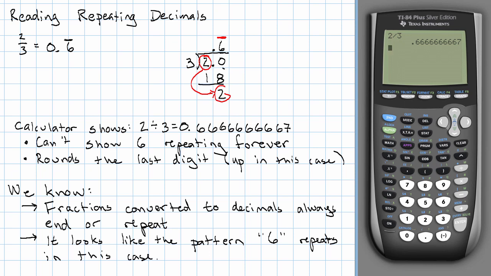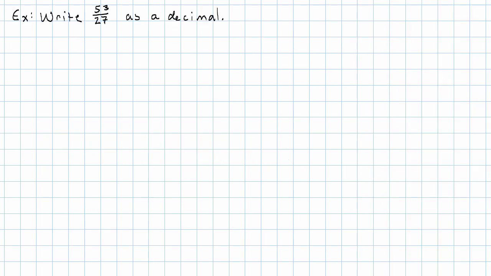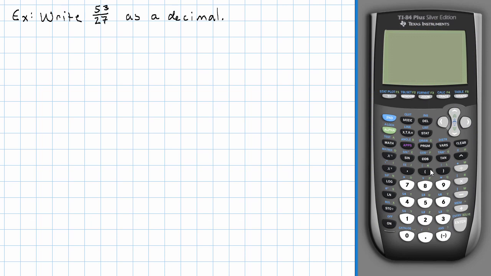Let's see an example that we don't necessarily want to work out by hand, and see if we can find the repeating decimal pattern. Let's suppose we wanted to write the fraction 53/27 as a decimal. So on our calculator we'll say 53 divided by 27.